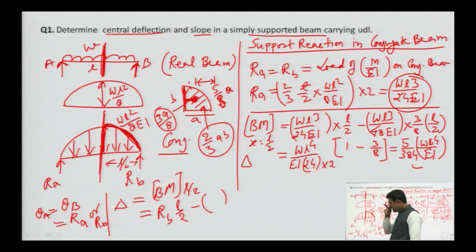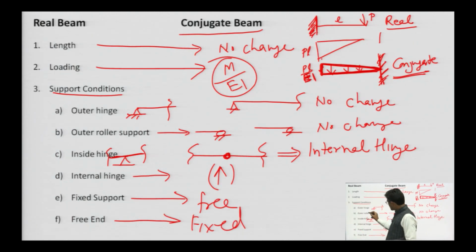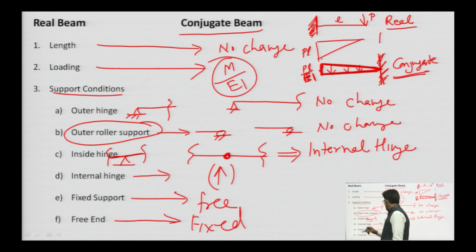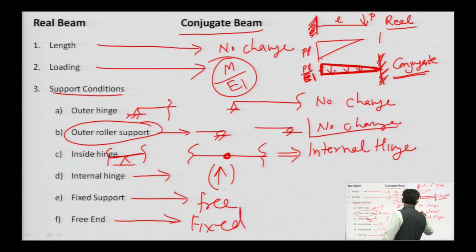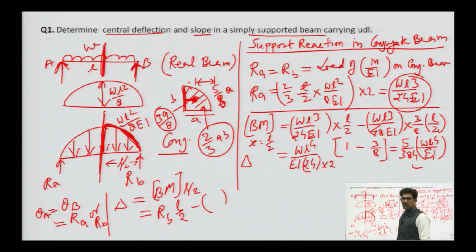In that question, since at A and B it was outer hinge, this one outer roller support type of thing, there is no change here. But if internal hinges are fixed or free ends are there, then there will be a change in the support condition.